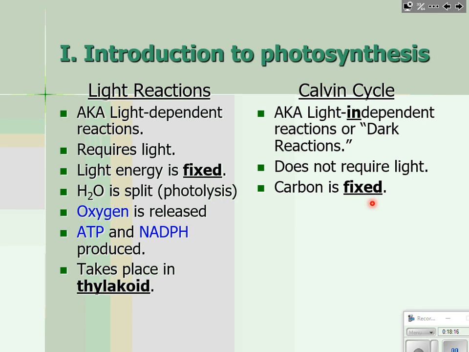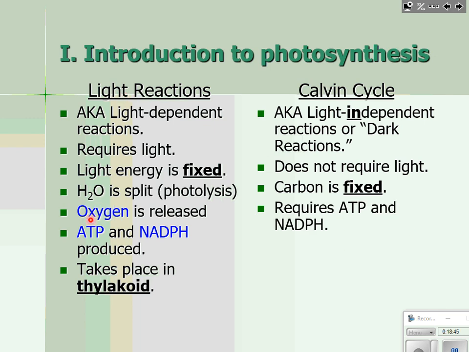Use them to make something long-lasting that the plant can hold on to and store. And of course, I'm talking about glucose sugar. So when we say carbon is fixed, that just means carbon atoms that are floating around in the air can be taken in by the plant and converted into something useful that the plant can hold on to.